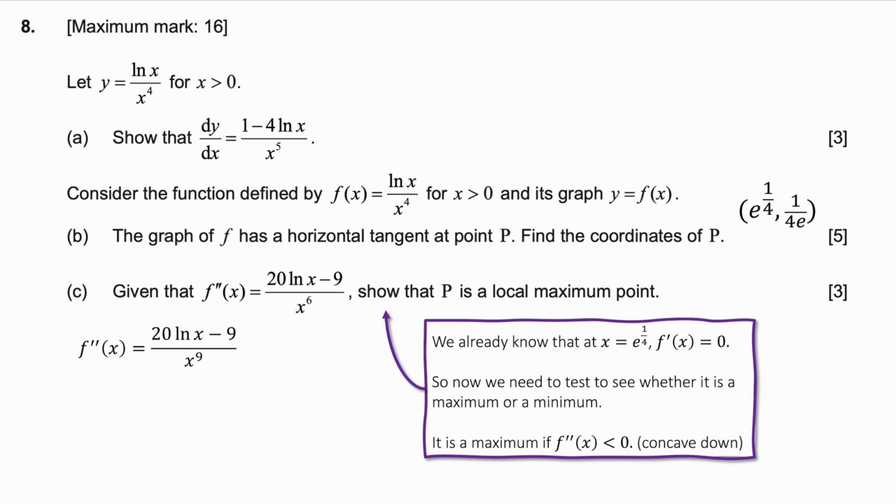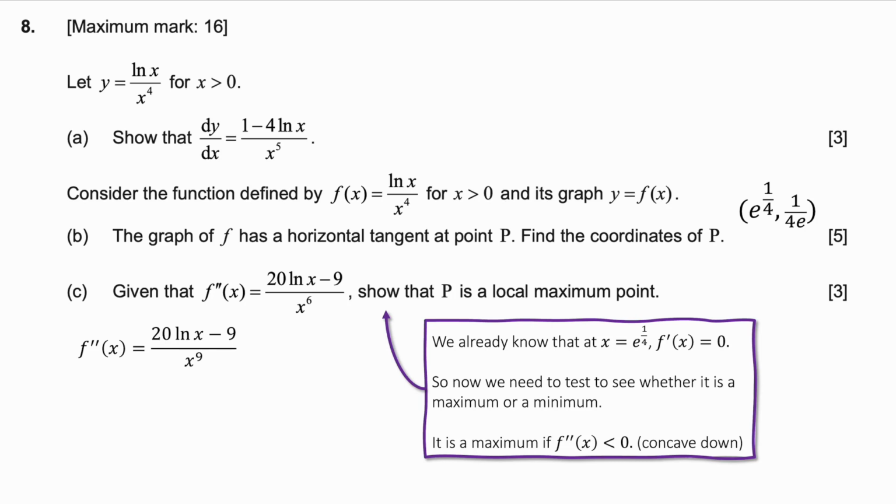Now, given that f double dash of x, the second derivative of f, is 20 ln of x minus 9 over x to the power 6, show that P is a local maximum. So, we already know that x equals e to the power a quarter and f dash of x equals 0.